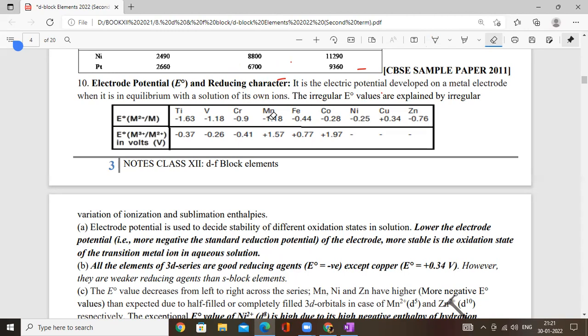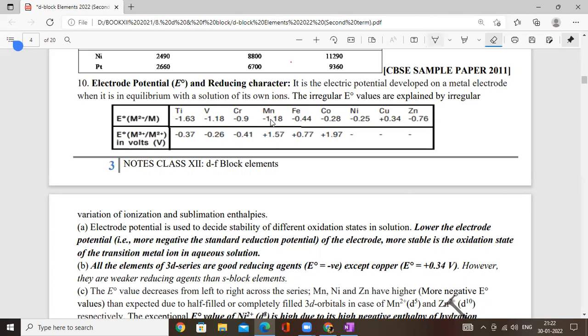Now, I have already told you what electrode potential is, so I don't have to go into the detail. We have done it in electrochemistry: it is basically the potential developed whenever an electrode is put in any solution. So what is the potential difference that is set up? That's called electrode potential.